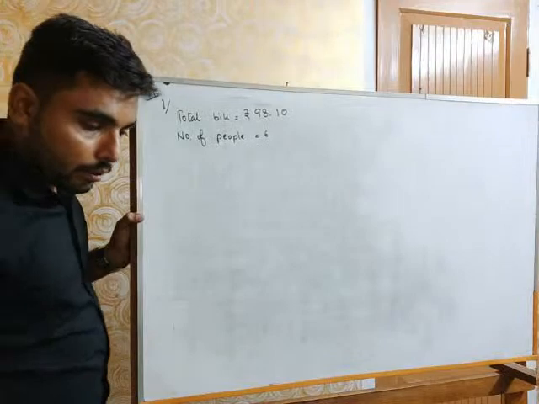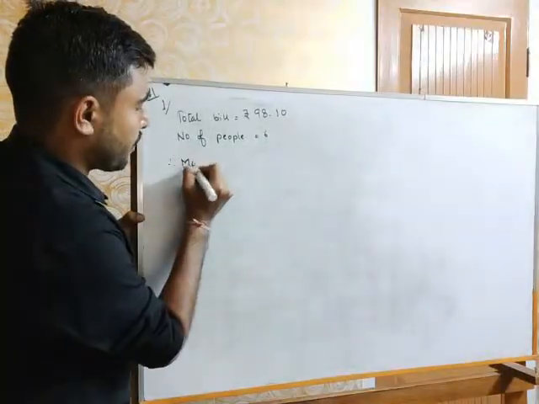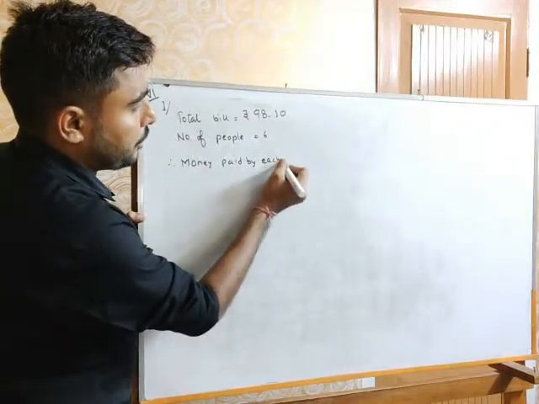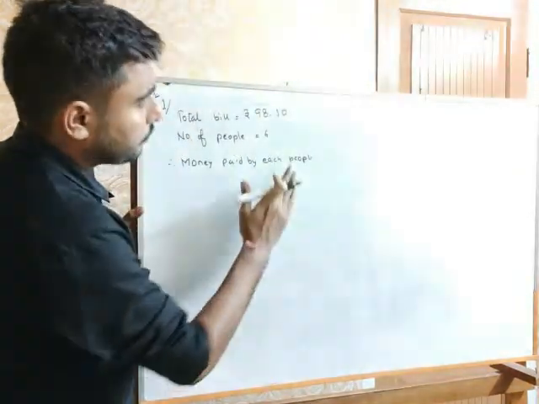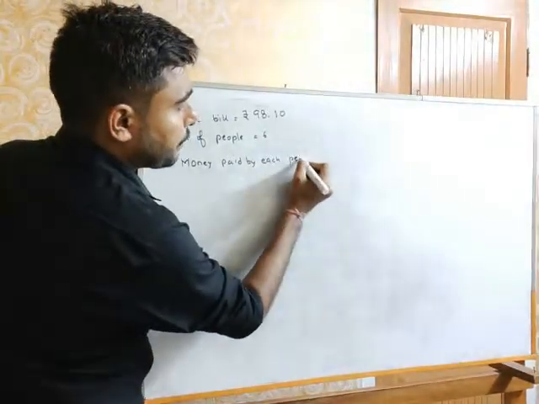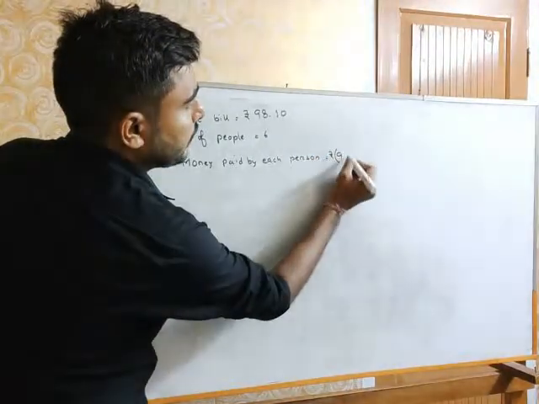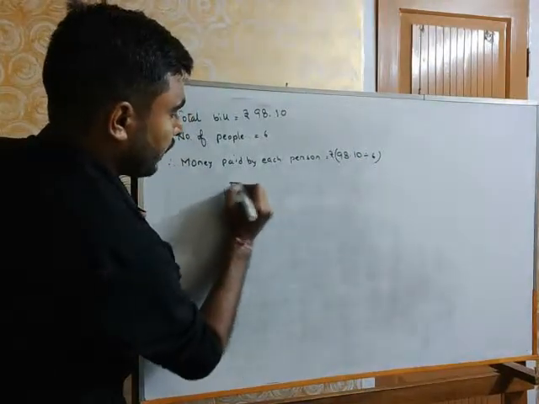So how much should each pay? Therefore we will write money paid by each person is rupees 98.10 divided by 6.